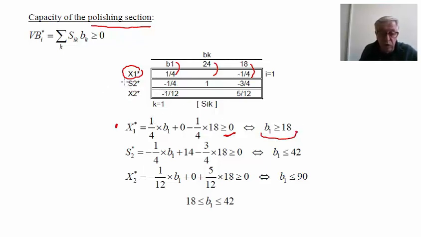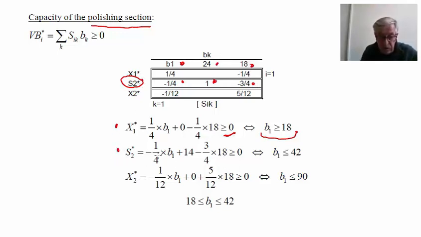So looking now to the other basic variables in the list, we do something similar. That is, we are going to consider now the second slack variable, of the second restriction. Now we multiply these coefficients, and we require that the result be positive.